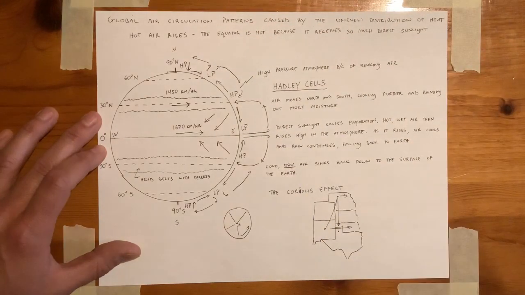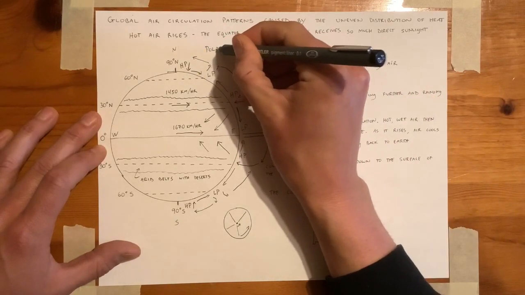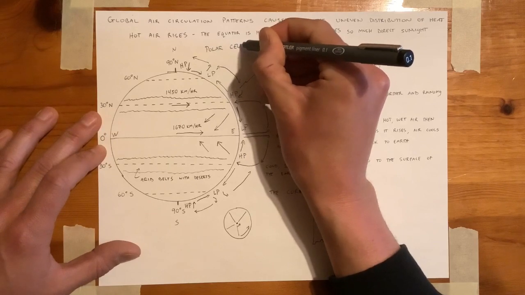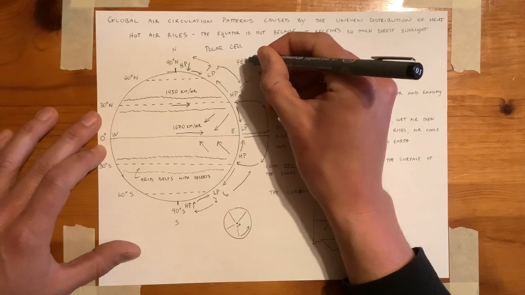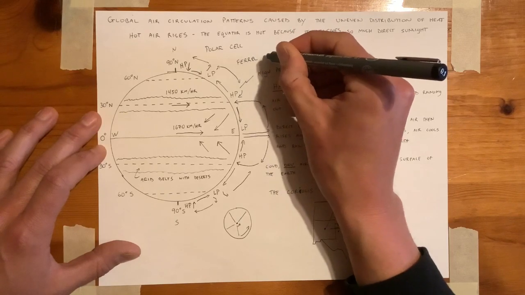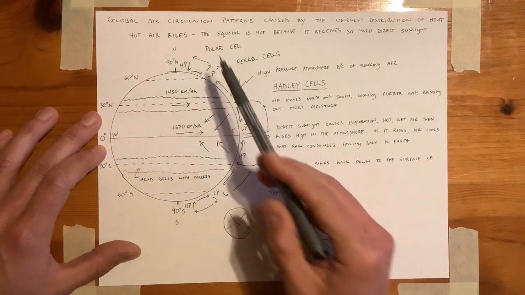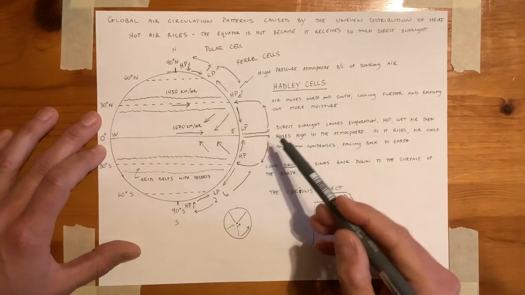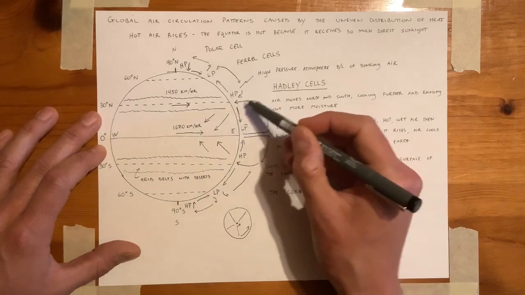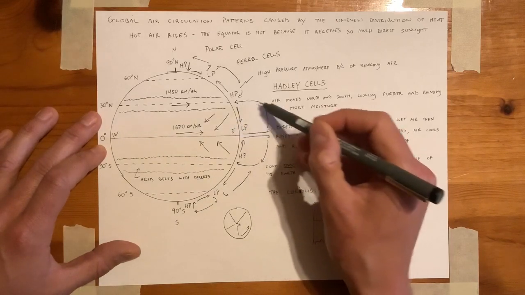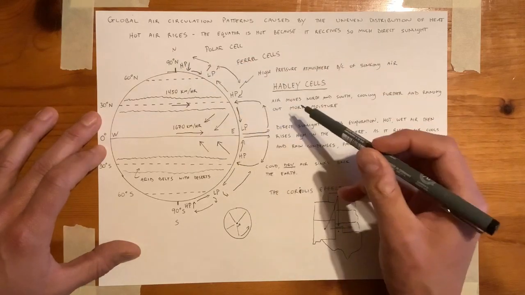just like this. So you can think of these three cells, the polar cell. These intermediate ones are called Ferrel cells, again, after a person. Ferrel cells. These three different cells, the polar, the Ferrel, and Hadley cells, act as sort of gears, right? Where we've got air going in this view counterclockwise here, and then clockwise in the Ferrel cell, and then counterclockwise again in the polar cell.